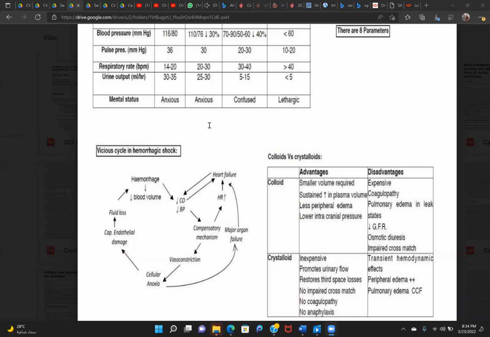Yes, crystalloids. Sir, after initial resuscitation, crystalloid fluid will be given, but crystalloid and colloid both have their own advantages and disadvantages. Colloids can bridge the initial period, and it depends on which colloid you have.